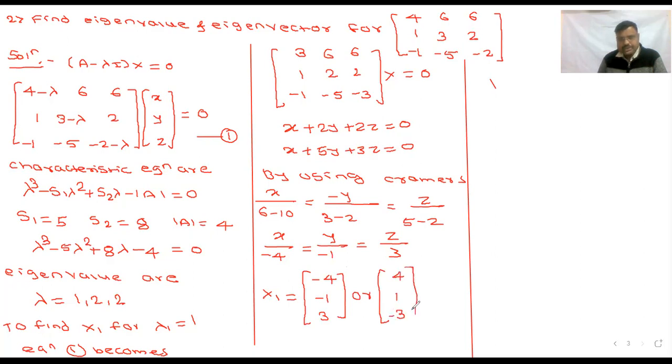Now to find, okay, what is our lambda now? To find x2 for lambda 2 equal to 2 or lambda 3 is equal to 2. Both are same.